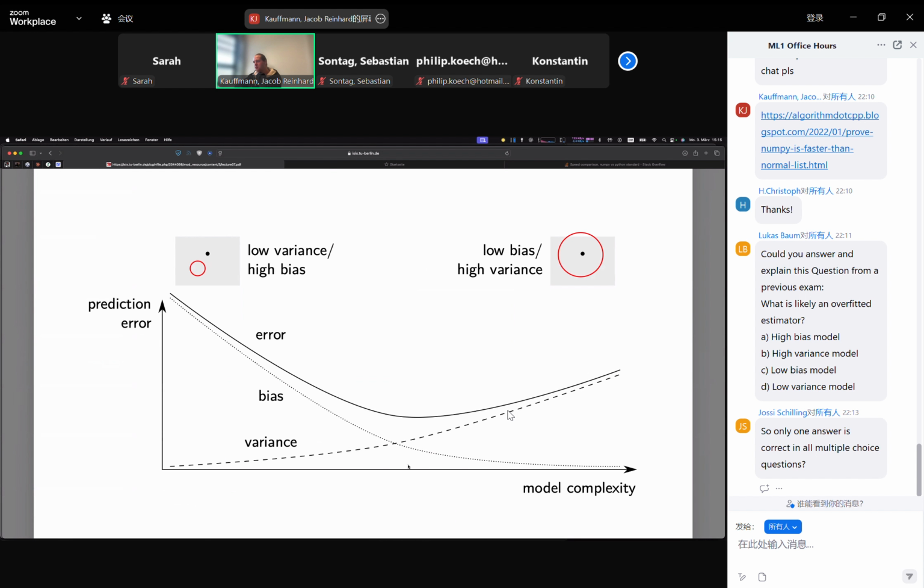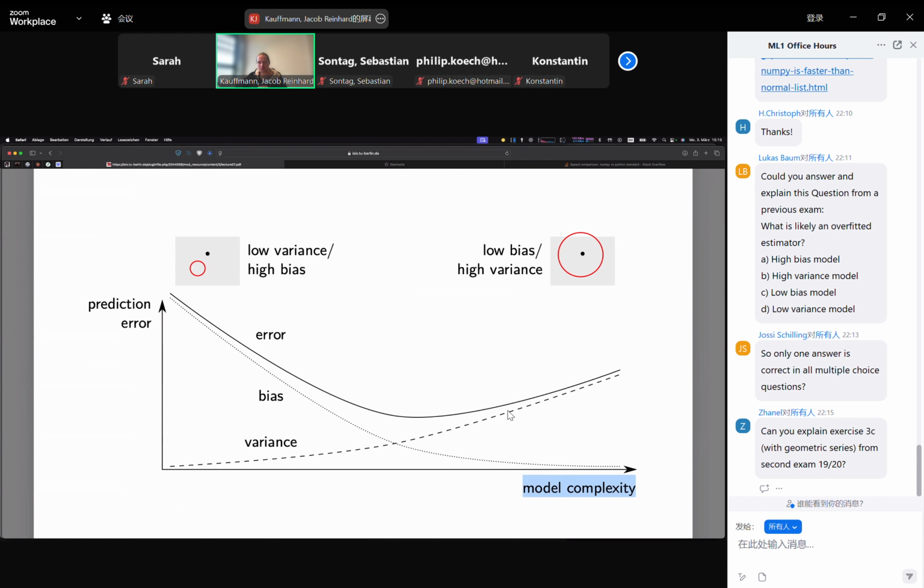But it's basically this model complexity thing that's associated with overfitting: learning the training data by heart, and then having a large error on unseen data.